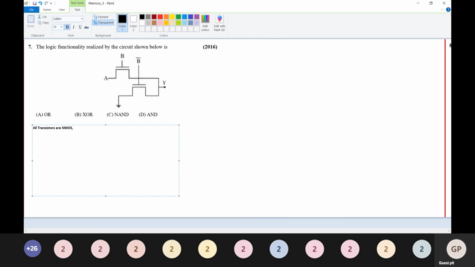We know that when the input to the gate is 0, NMOS behaves as an open circuit.